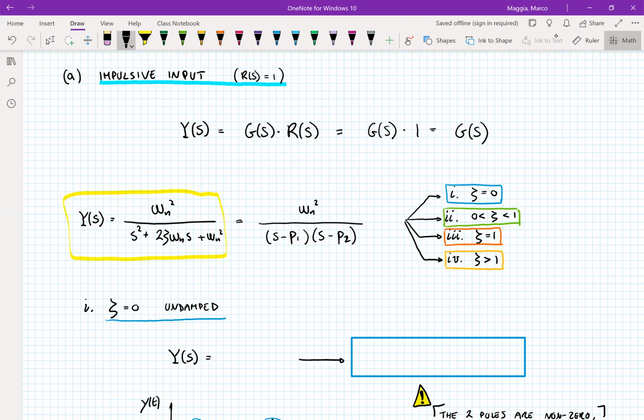So it depends on the case or the value of the damping ratio. We can have the undamped case, that is without damping, the underdamped, the critically damped, and the overdamped.